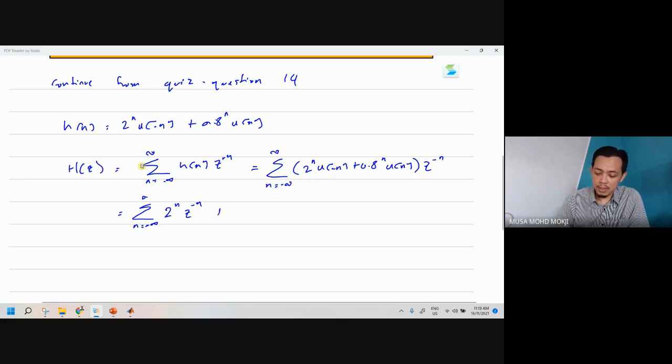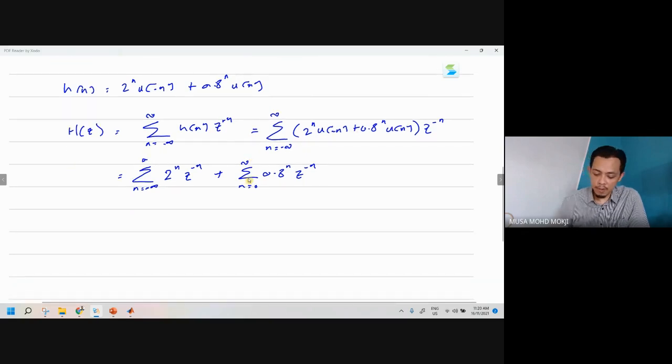And the second term is n from 0 up to infinity of 0.8 to the power of n z to the minus n. So we can expand that so that now we have two terms, because this is just a plus.